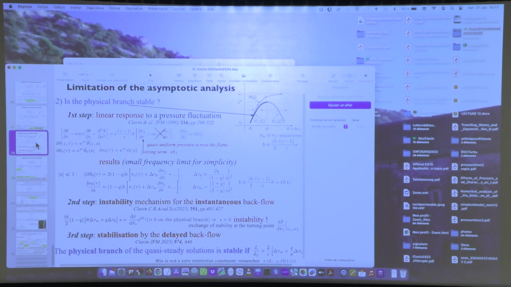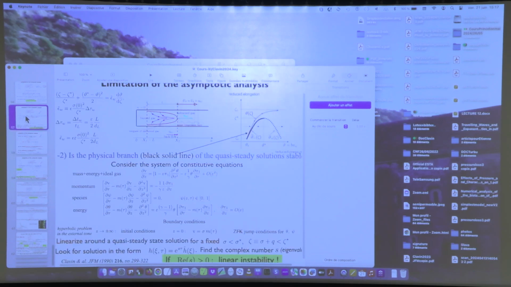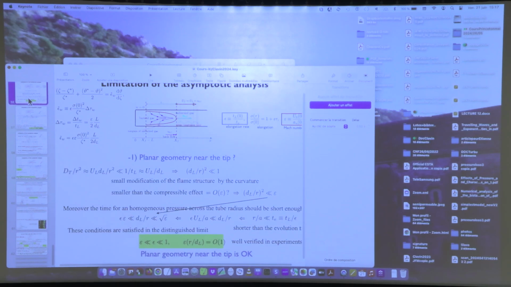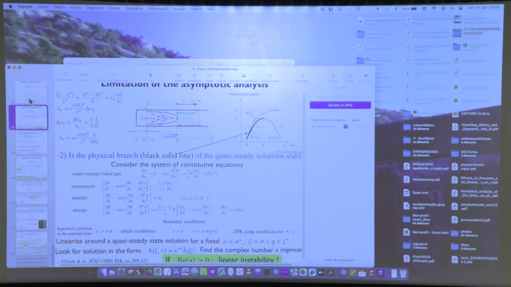Limitation, no. Okay. I don't know why it is written like that, maybe, okay.